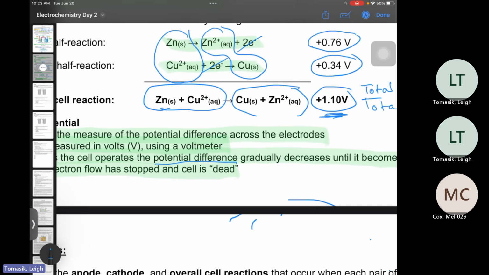It'll go down to maybe 1.00 or 0.95. But eventually, it's going to drop so low that your battery is going to die. It's going to become dead. So if you have a multimeter at home, you can check how fresh your batteries are.